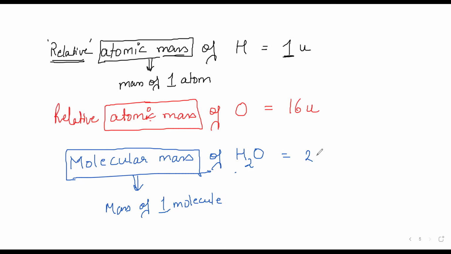So 2 into 1, because the mass of one hydrogen atom was 1 U. There is one oxygen atom, and the mass of that oxygen atom is 16 U. So if I do this calculation, 2 times 1 U and 1 times 16 U, the calculation comes out to be 18 U.